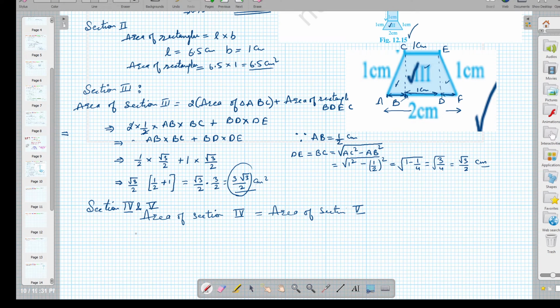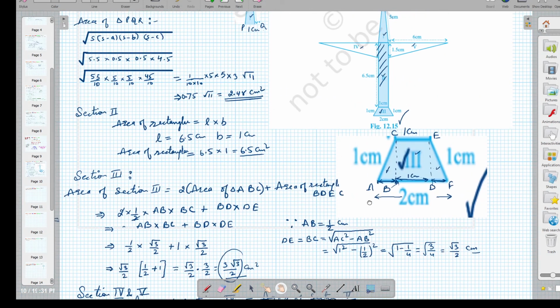So the area of section 4 is equal to 1/2 into base into height, that is equal to 1/2. The value of base is 1.5 and the value of height is 6.